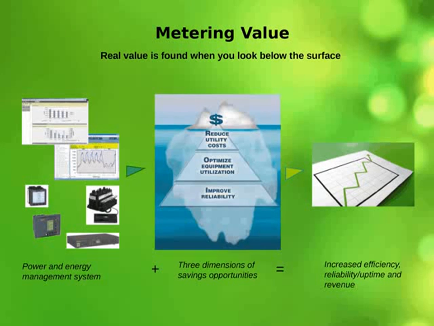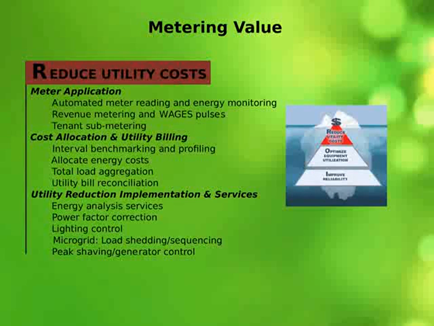So looking at that tip of that iceberg with reduced utility cost, really what you're looking at is three major components: meter application, cost allocation and utility billing, and utility reduction, implementation, and services. These are the main pillars, if you will, of that tip of the iceberg, reduced utility cost.